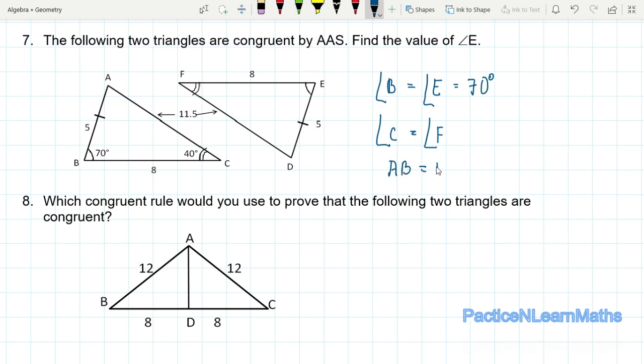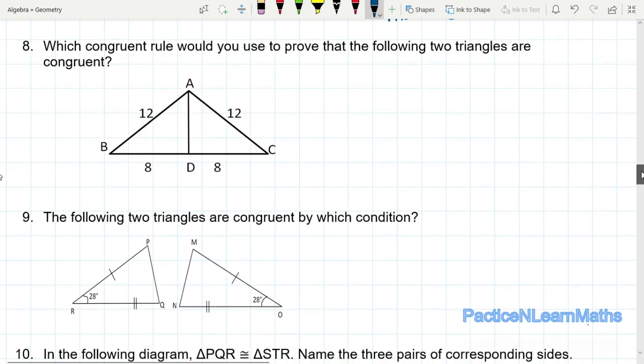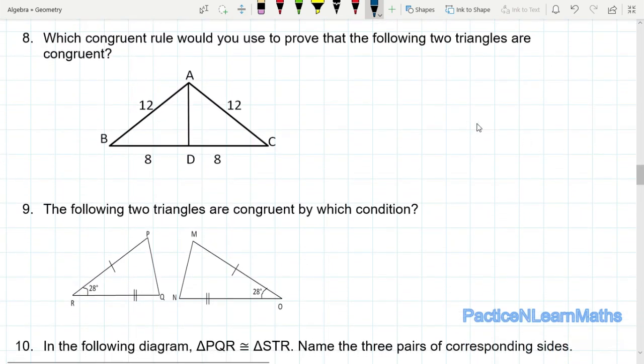So, since angle B is equal to 70 degrees, angle E will also be equal to 70 degrees, and that's the answer. See, you need to see the figure properly, and once you see the figure properly, then you can easily find out the values of the angles.